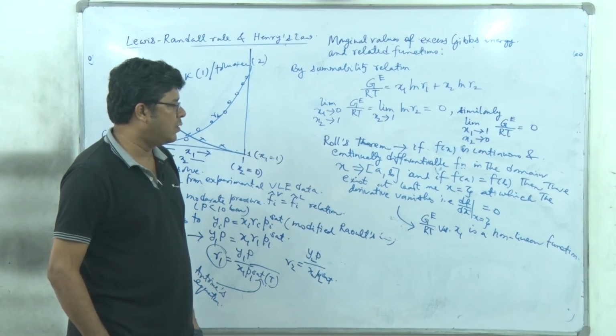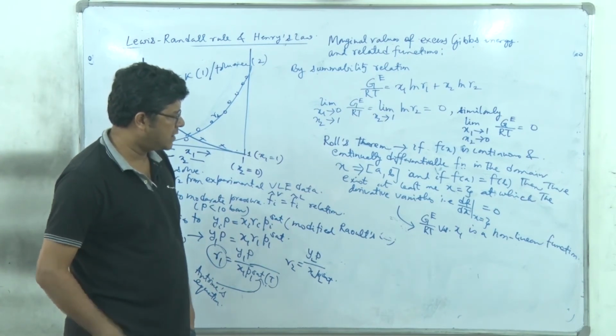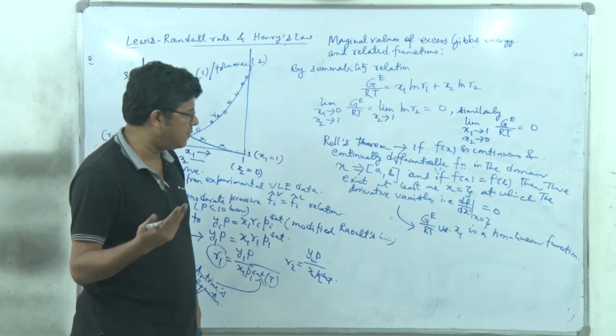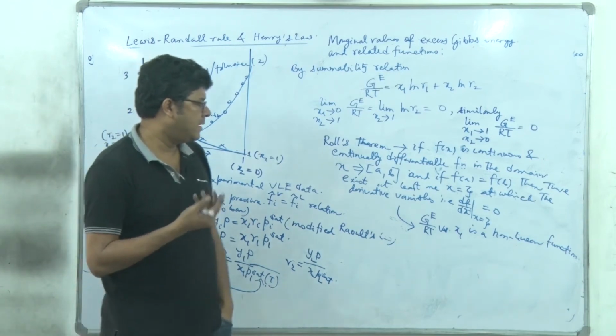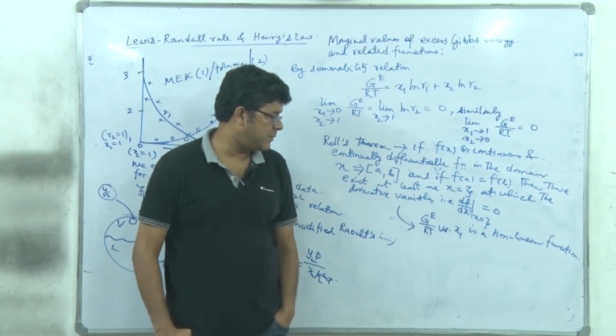We should always go for converting the dependent variable in a form such that it is tentatively linear with respect to the independent variable.